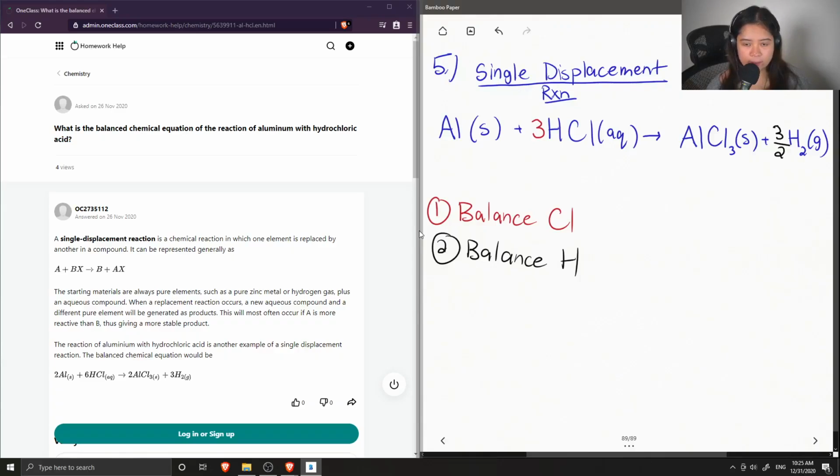Okay, so everything is balanced, but typically in the final balanced chemical equation, we don't really like to deal with the fractions, even though it is technically balanced. So to get rid of the fractions, we are just going to multiply the whole reaction by 2. So step 3 is to multiply.